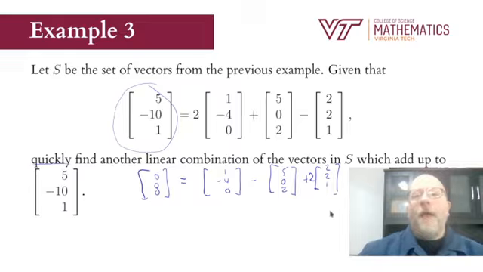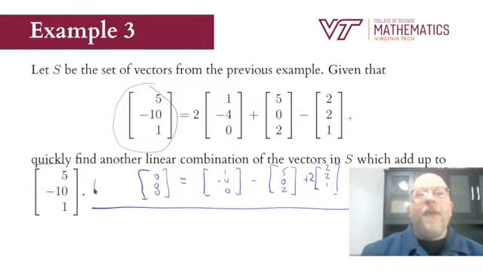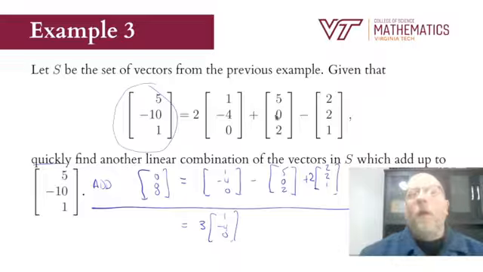We already know that. If I add these together, 2 of these vectors plus 1 more of these vectors is now 3 times 1, -4, 0. 1 of these vectors and -1 of these vectors, these cancel. And I get 0 times 5, 0, 2. And then -1 of these vectors and 2 of these vectors adds up to just 1 of these vectors.